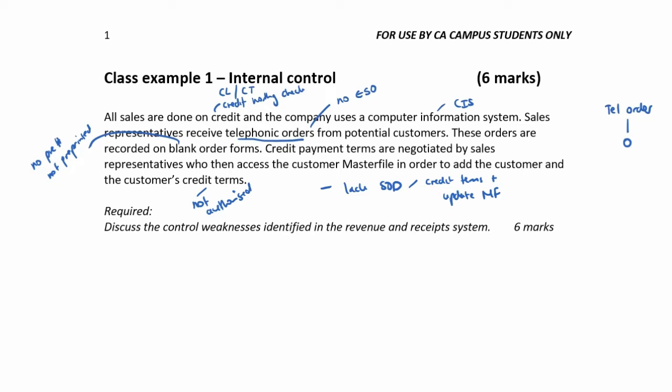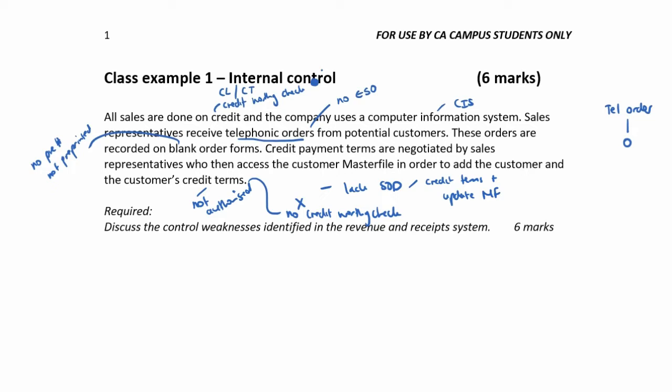So I can see here from this, there is no credit-worthy check. Up top here I said there should be, but now I'm showing that there isn't. There's a problem. Okay. And they determine terms and credit limits, but those are not authorized.